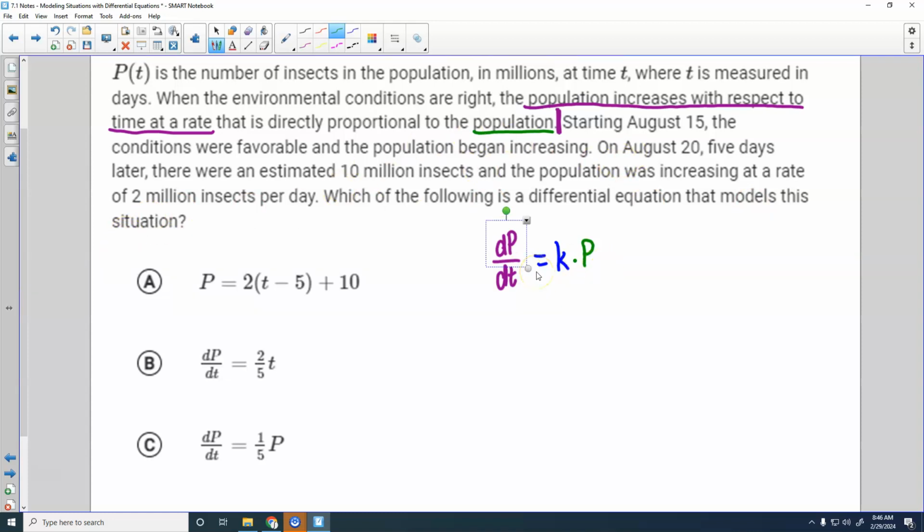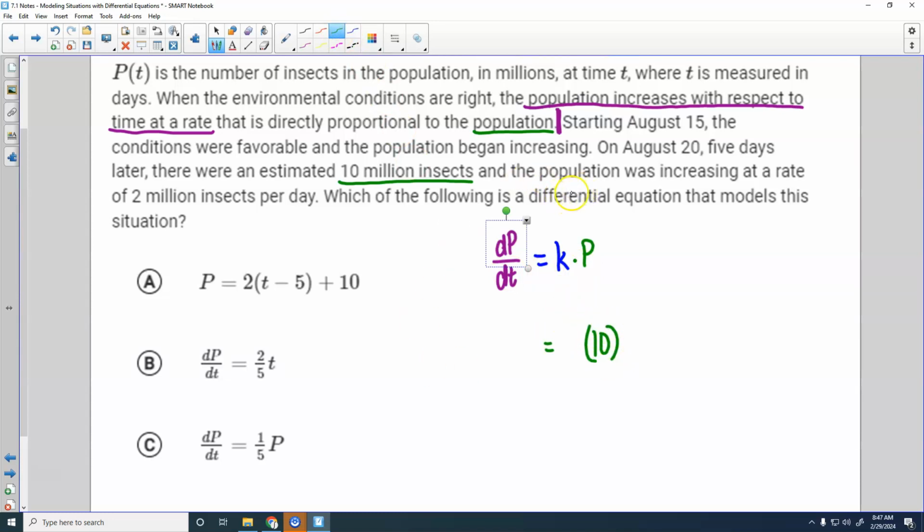Our equation does not involve T. So those dates are not something we can plug into this equation. But we do know on August 20th, there were an estimated 10 million insects. Where would we plug that in? That's P, right? 10 million insects goes right here for P.